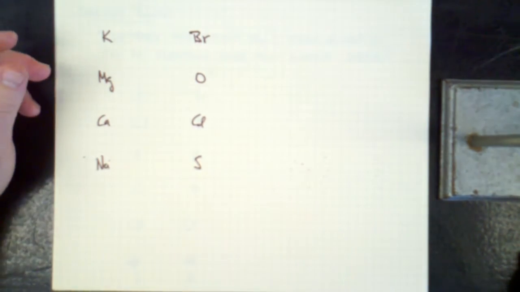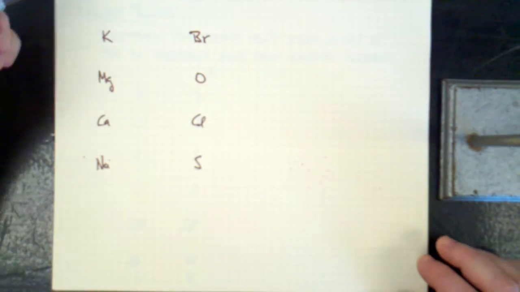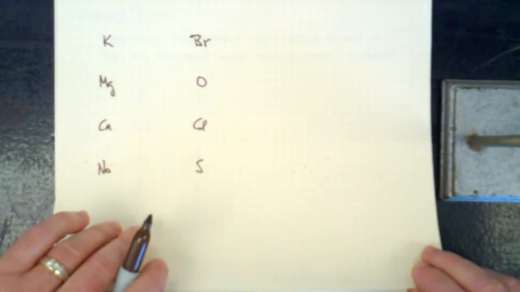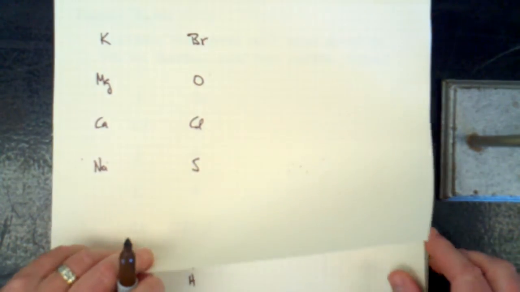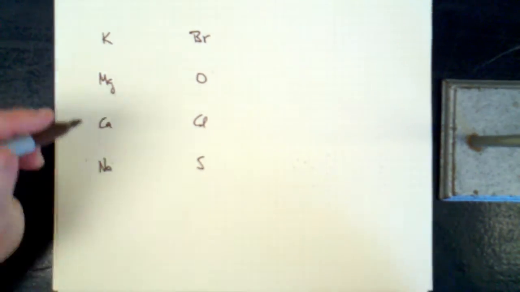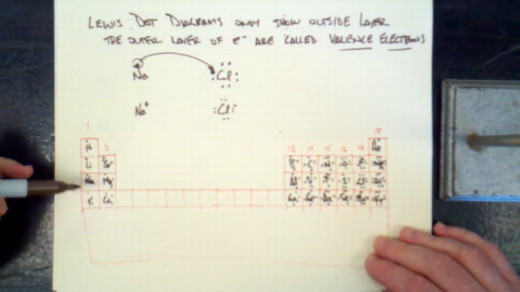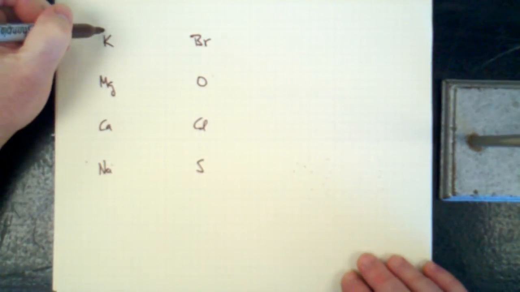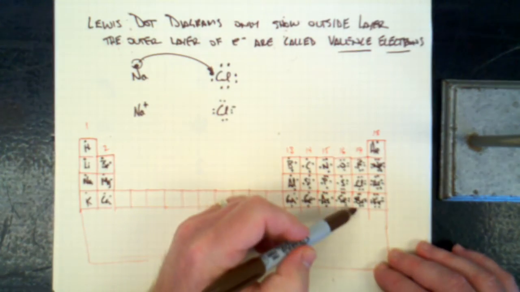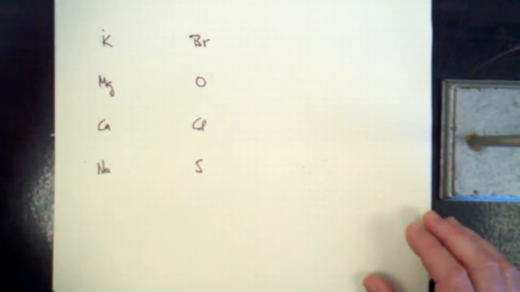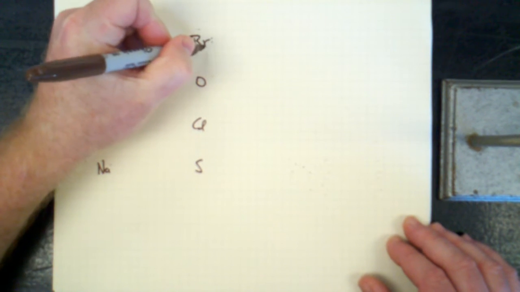So how do we use the Lewis dot diagrams? Well, we can figure out how things will bond simply by looking at the Lewis diagram. Let's take a piece of paper here so I don't bleed through the other pages. So if we look at potassium, we see that potassium has 1 right here. Bromine has 7 valence electrons. So 1, 2, 3, 4, 5, 6, 7.